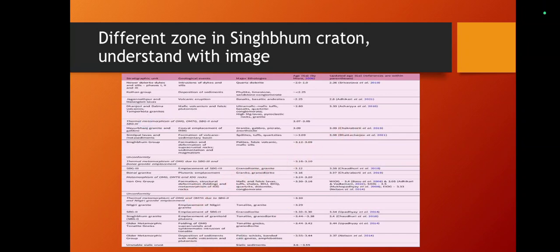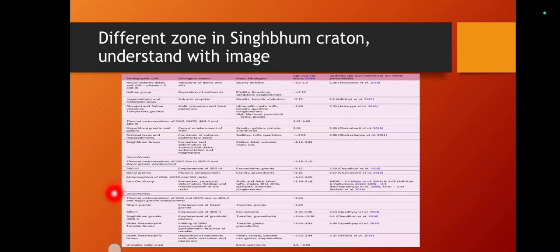So for your convenience, I will point the groups which I have told. So here at the top you can see the Kolhan group and neodolerite group, which is the top most part of this craton, and here you can see the Mayurbhunj granite and gabbro, which indicates the stabilization of the craton, and here you can see Singhbhum granite, Singhbhum granite phase 3.